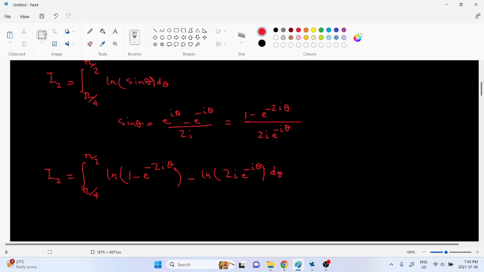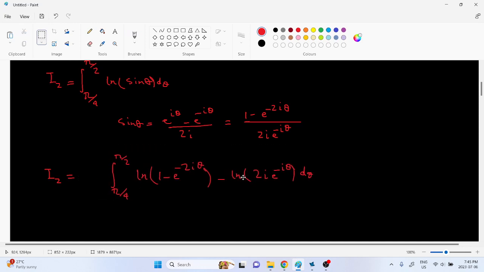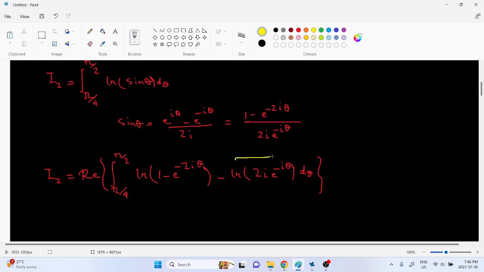Since it's clear to us that the result of this integral is going to be a real number, I'm only interested in the real part of these integrals. From this second function though, after using log properties, we get natural log of 2 plus natural log of i minus i theta.